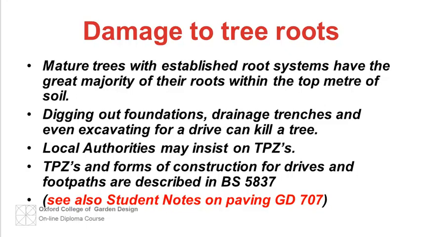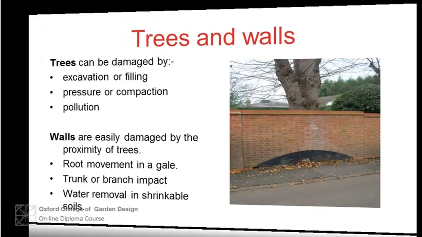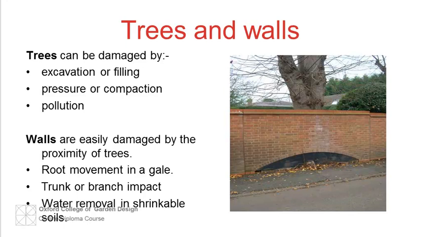Where planning permission is needed, local authorities may make special construction techniques mandatory for paving and drainage, etc., in what are known as tree protection zones, TPZs for short. The objective is to avoid damaging roots, preventing compaction of the soil, and to allow water and oxygen to permeate through any construction.